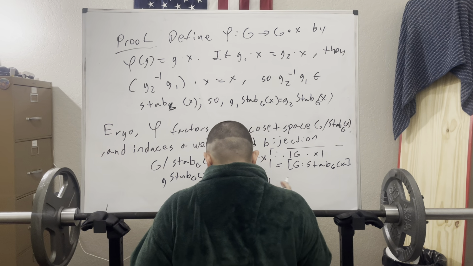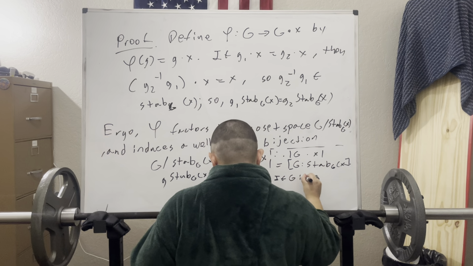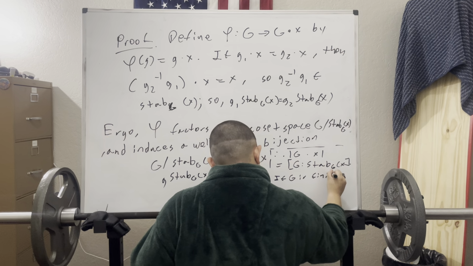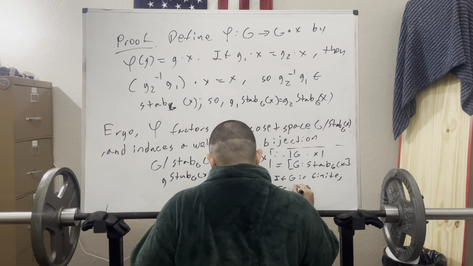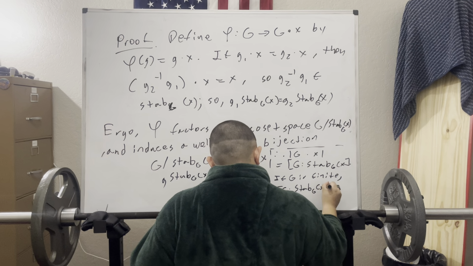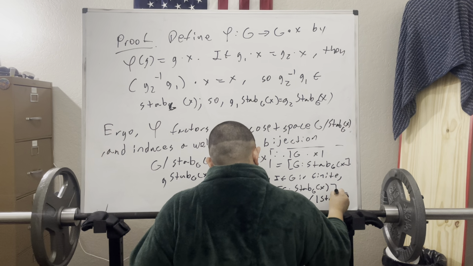If G is finite, then G such that stabilizer of x is equal to the quotient of the order of G over the order of the stabilizer of x.